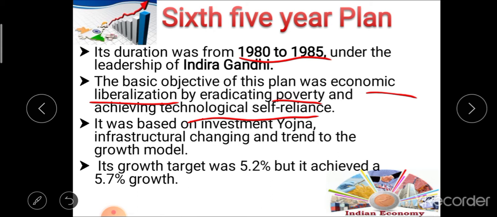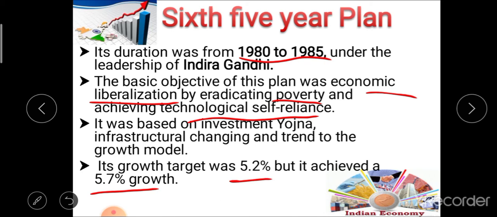This plan was based on investment, yojana and infrastructure, changing the trend to the growth model. The growth rate achieved during the sixth 5-year plan was near about 5.7%, which is more than the targeted growth rate of 5.2%.